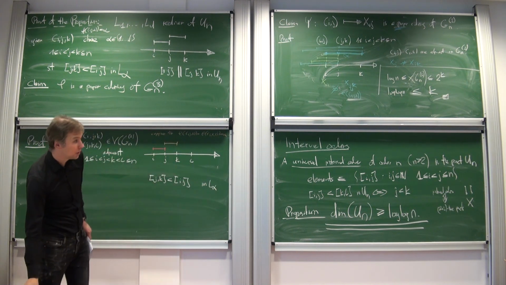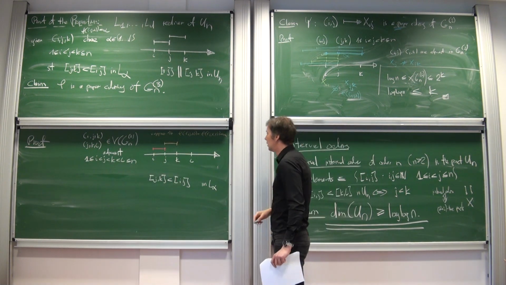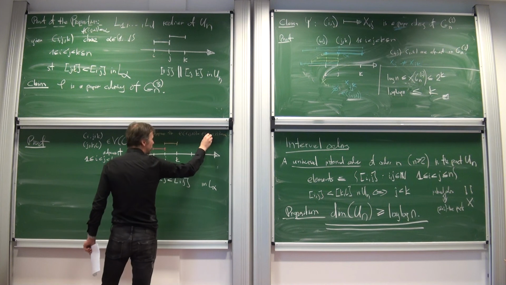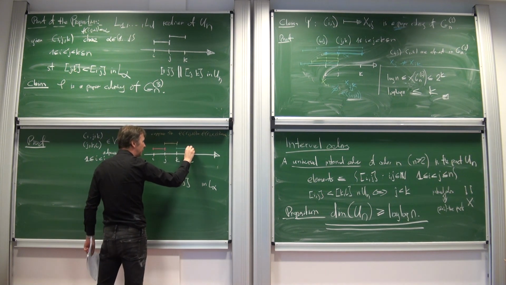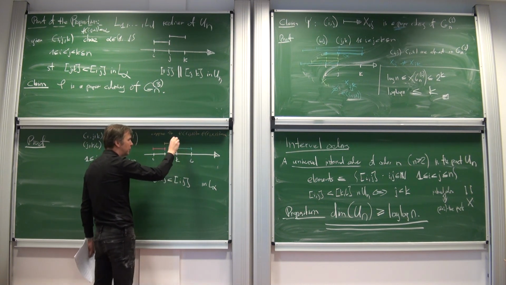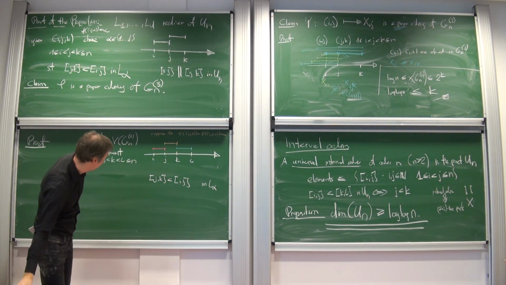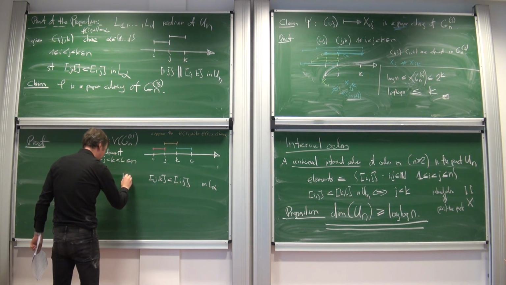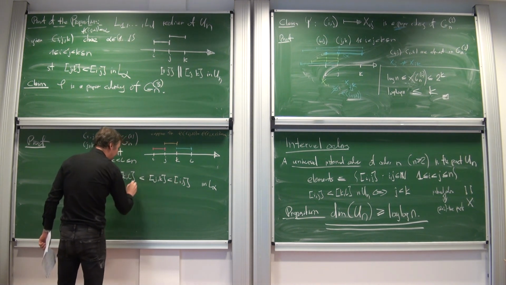But we also know that phi of jkl is alpha. So that means that kl is before jk in L alpha.